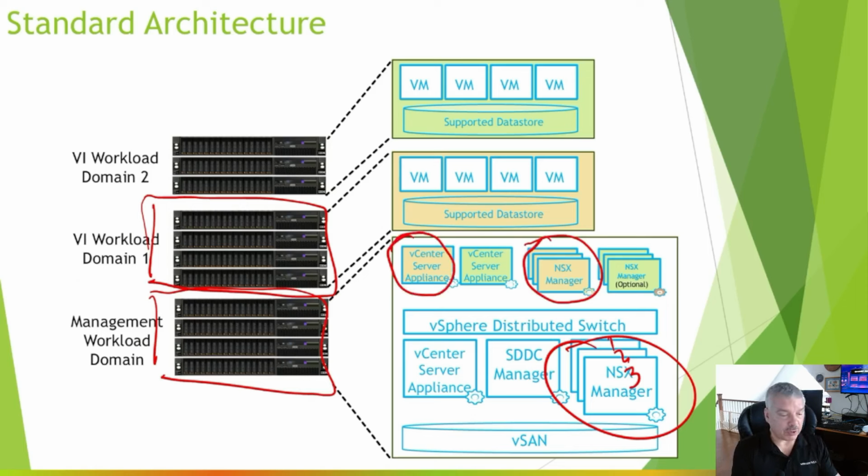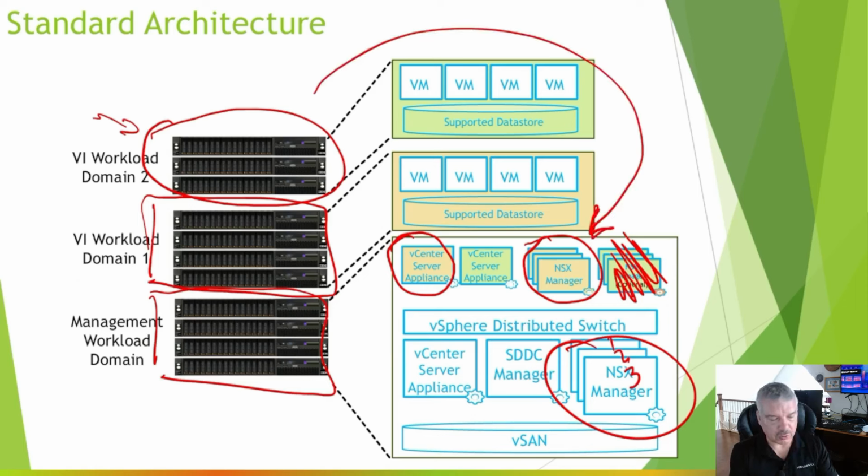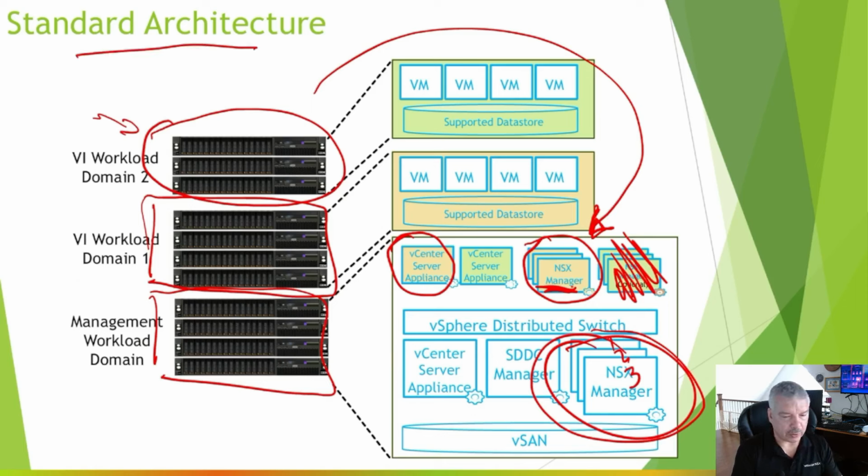Now, if you spun up a second workload domain, you can say, oh no, for the second workload domain, don't spin up an NSX management cluster. Utilize the one from the first, from workload domain 1. So I can share the NSX Manager with different workload domains, but I cannot share the one in the management domain. That's just for the management domain. End of story, okay?